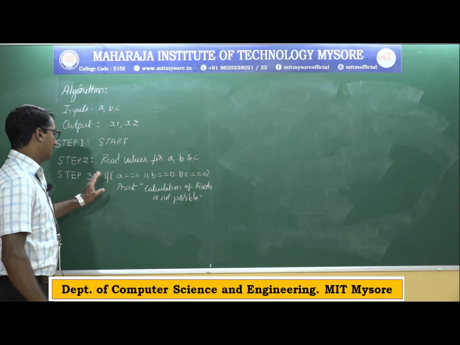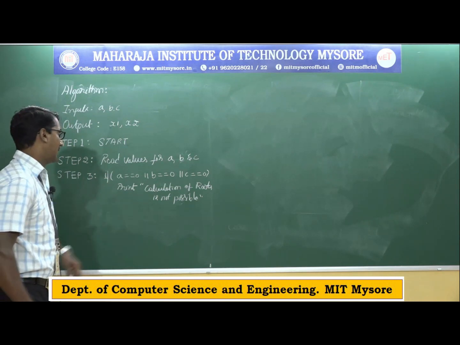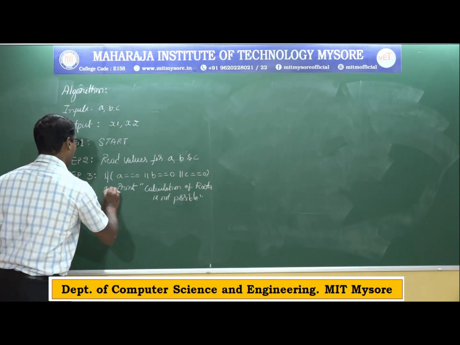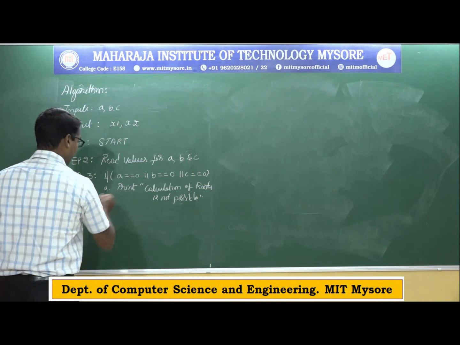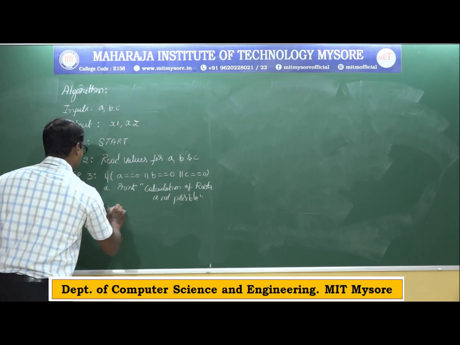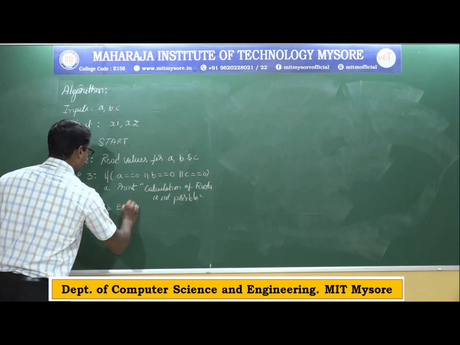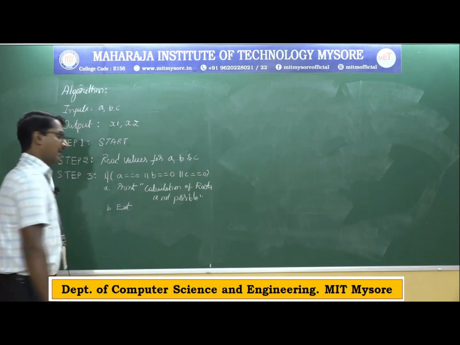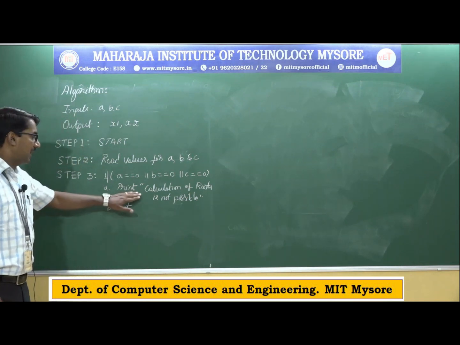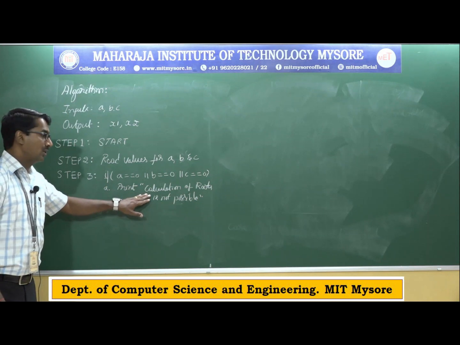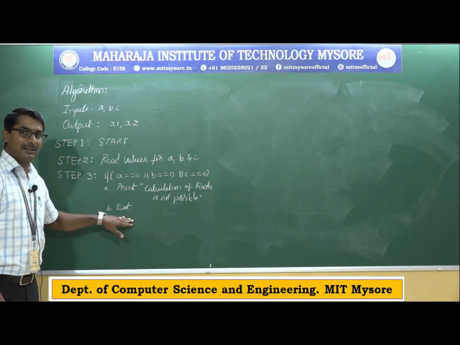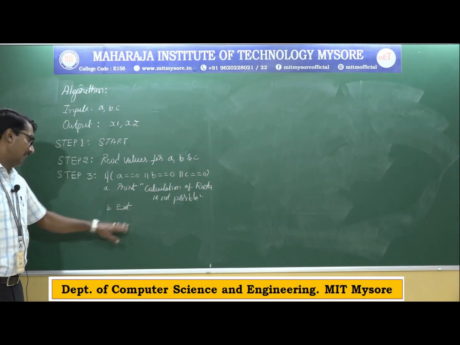If this condition is true, then roots calculation is not possible. That is substep A. Then exit. If this condition is satisfied, print calculation of roots is not possible, then terminate from the algorithm.